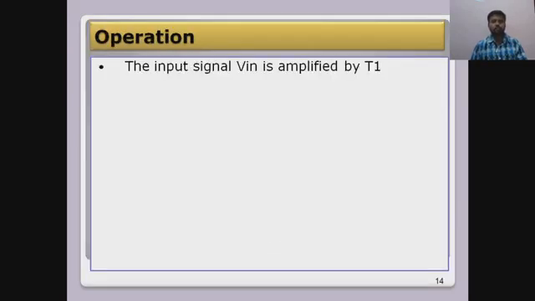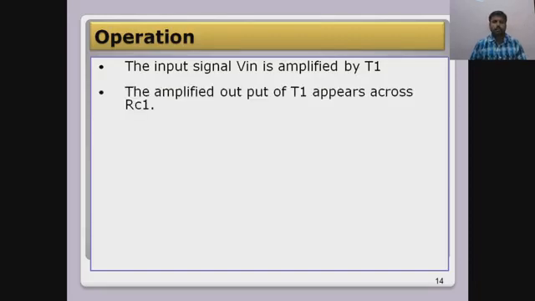And now the operation of the two stage RC coupled amplifier. The input signal V in is applied to the base of transistor T1 of stage 1 through the input capacitor C in, and the transistor T1 works as an amplifier. Due to the amplifier action, the output appears across the collector resistor RC1.